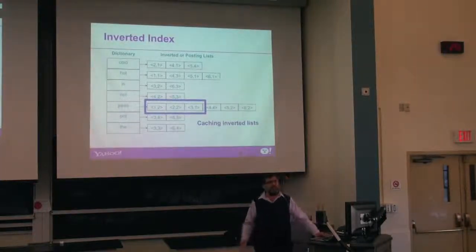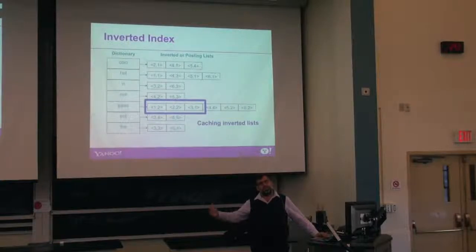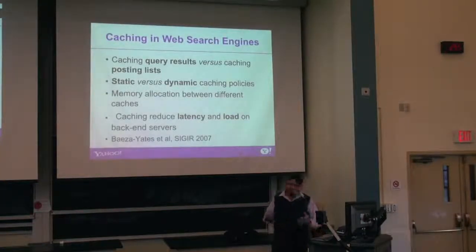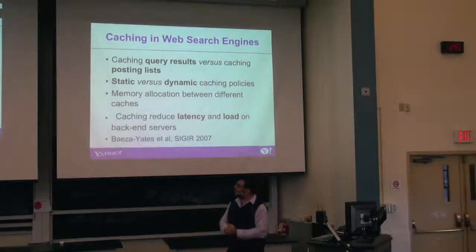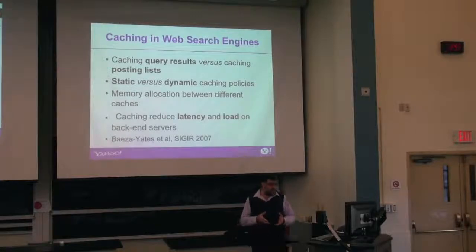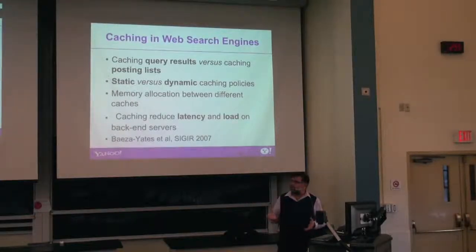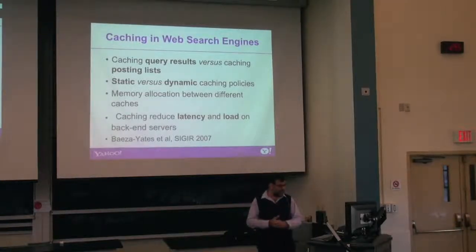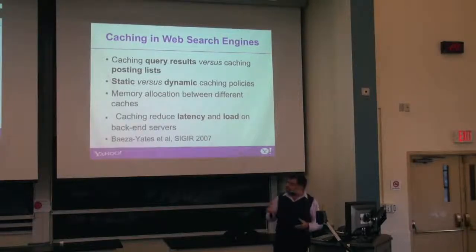So the first question is how much of your resources should be devoted to caching answers, and how much should be devoted to the index. And this is a problem that 6-7 years ago, no one had really addressed well. Second question, should it be static caching, or only dynamic caching, or a mix of both? And caching is crucial because you reduce the latency and the load of backend servers.